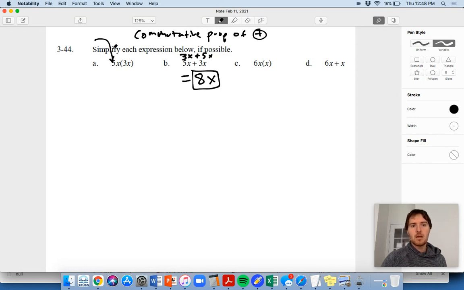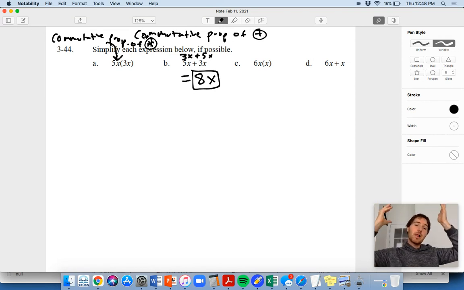For this problem, I'm going to think about it in terms of another property called the commutative property of multiplication. When you multiply things, order doesn't matter either. If we stick with this 3 and 5, 3 times 5 gets us to 15: 3, 6, 9, 12, 15.